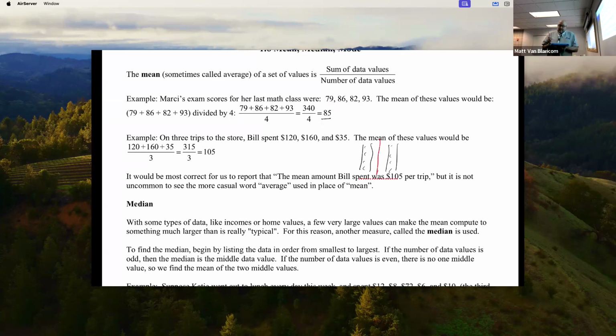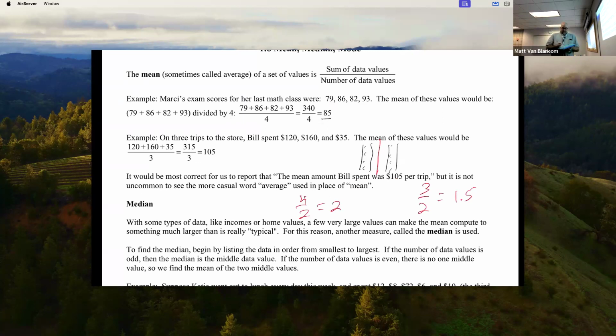Now, if there's an odd number, I'm just going to take that number and divide it by 2. So let's say there were 3 data points. I'd divide by 2, I'd get 1.5, meaning the second item would be the one that I use for my median. Now let's say that it's 4 data points. When it's even, 4 divided by 2 is equal to 2.